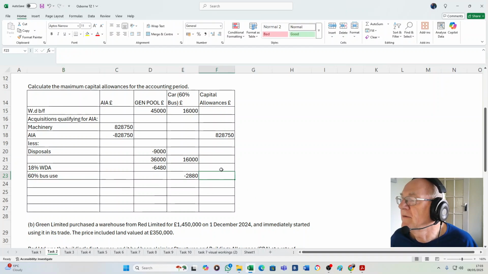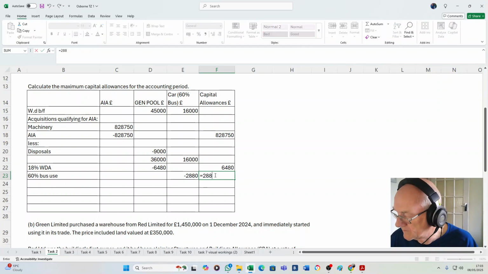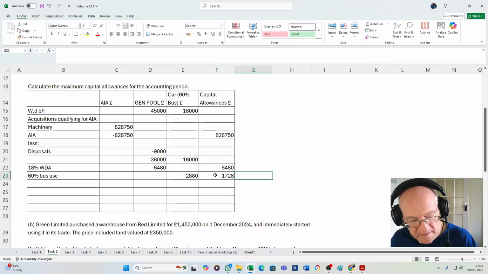That when I pop it across to here, I'm only doing 60% of it. The 7228. The full amount will still come off the value in the property, so that's why I left the 2880, just making life easy for myself.